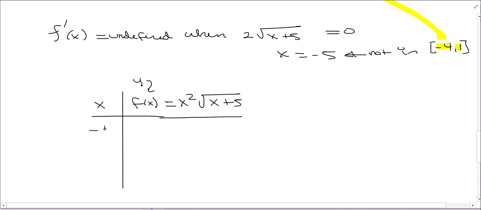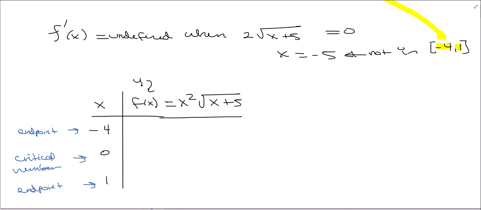So I'm going to have -4, 0, and 1. So -4 is an endpoint. 0 is a critical number. And 1 is also an endpoint. -4 is also a critical number, but we're just going to go with it's an endpoint.